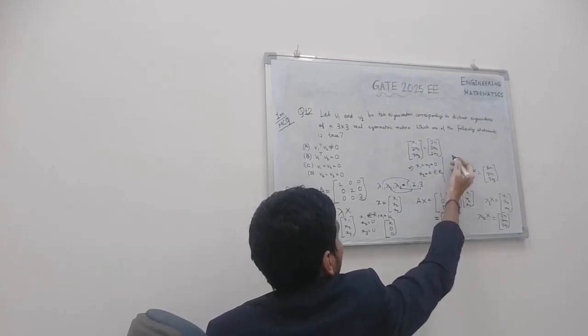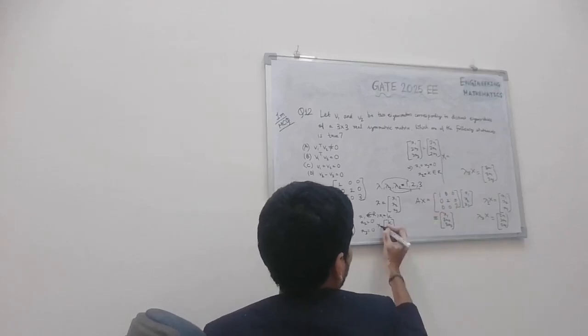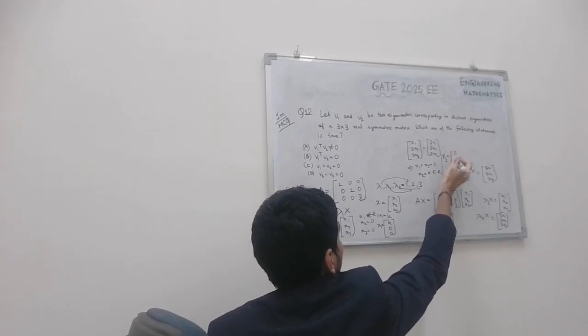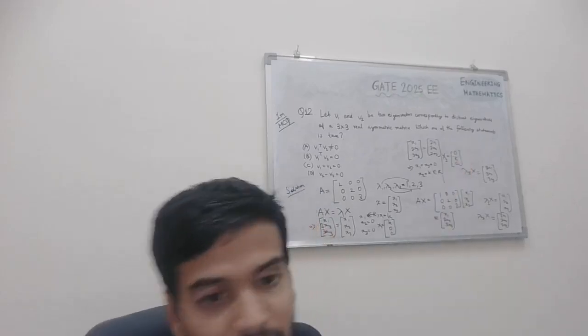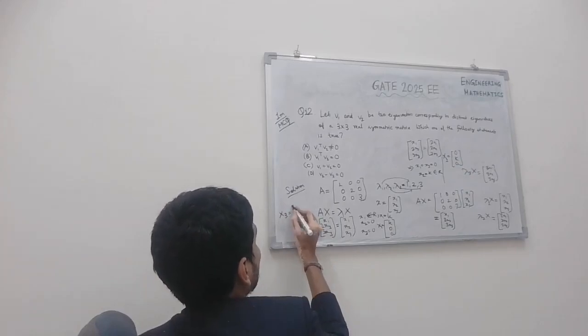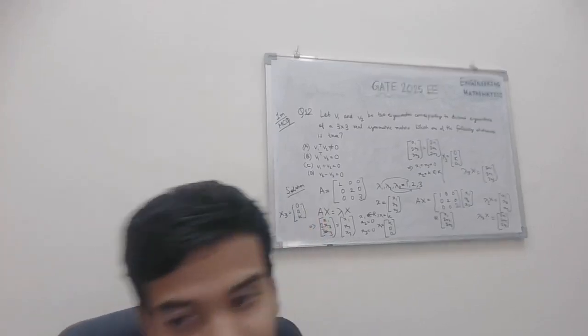The corresponding eigenvector is 0, k2, 0. Even if you go over the third one, you will get x3 as the free value, with the others 0. So there are 3 eigenvectors.